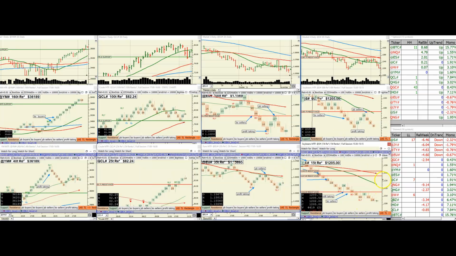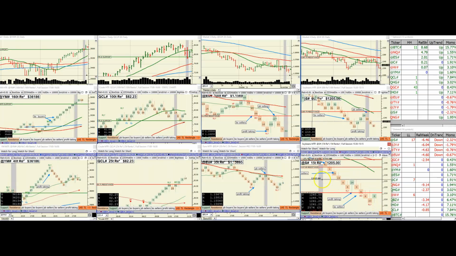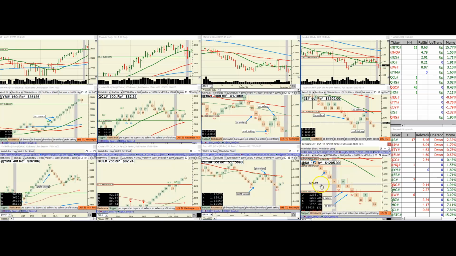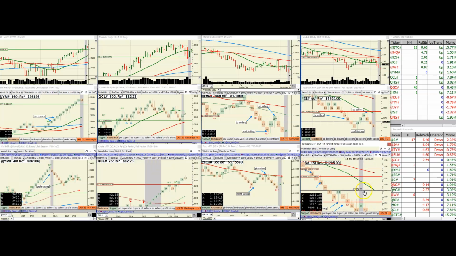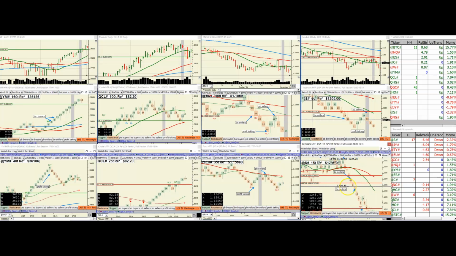a lower brick size, you had this level, a breakout, test the level, and continuing down. It's very common behavior. However, I would like this to reverse and test these right here because there's a lot of trap buyers here.